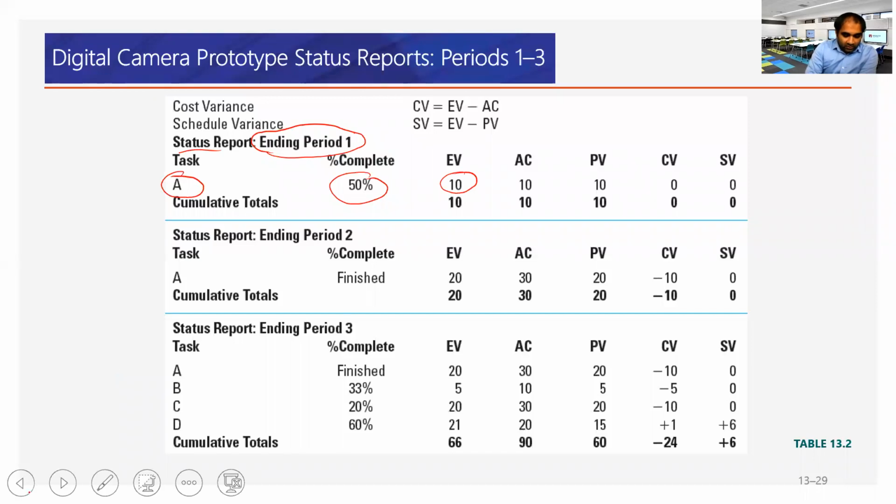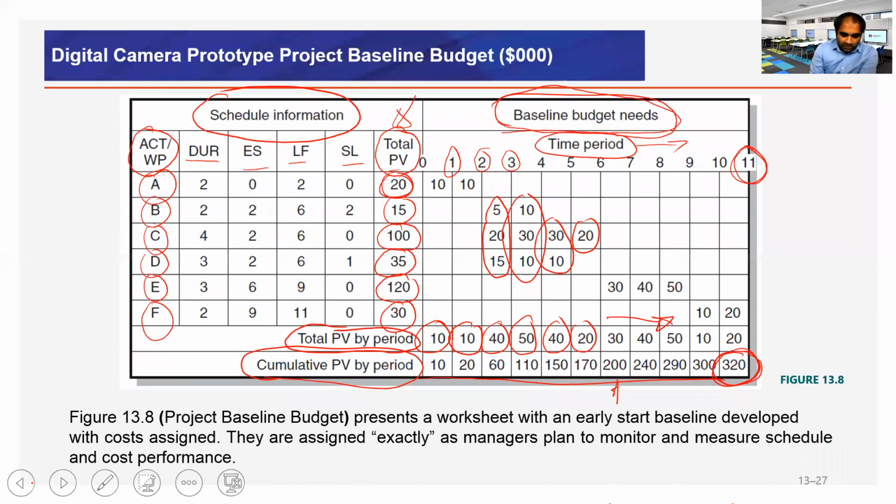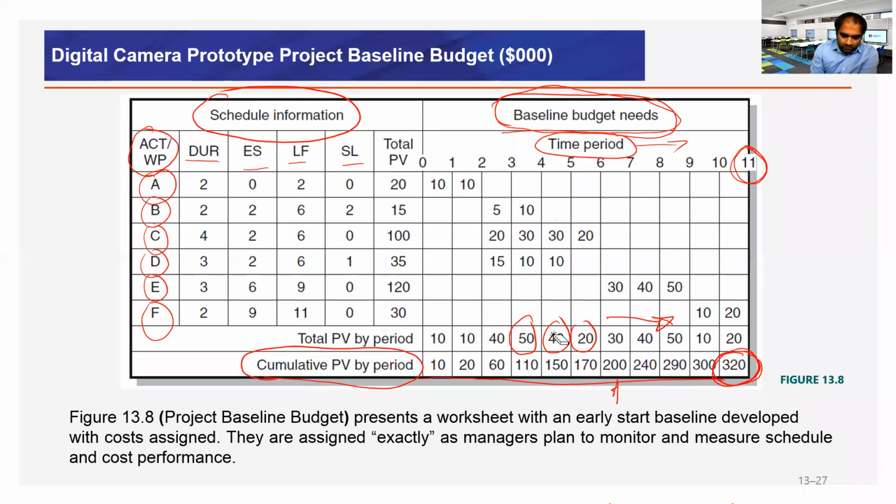If you go back to this table, the planned value for A was 20K.